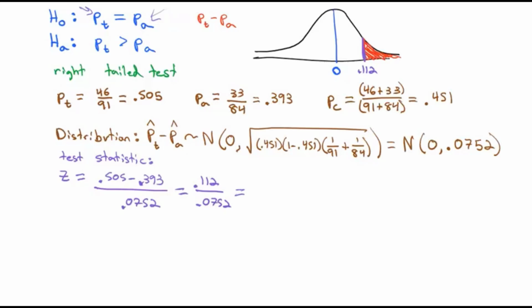And when we divide by 0.0752, we get a z-value of 1.49. So if we've got x's in the top row, z's in the bottom row, z's also have a mean of 0, but now the z-value is 1.49. That 1.49 is what we want to look up in the table to find our p-value.